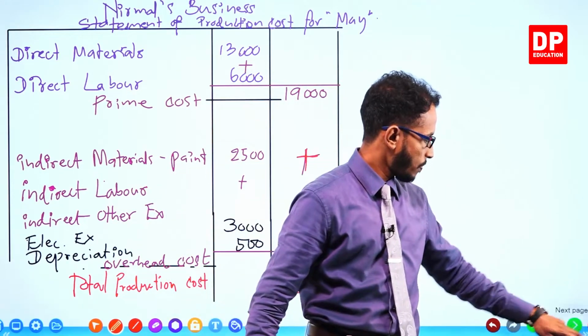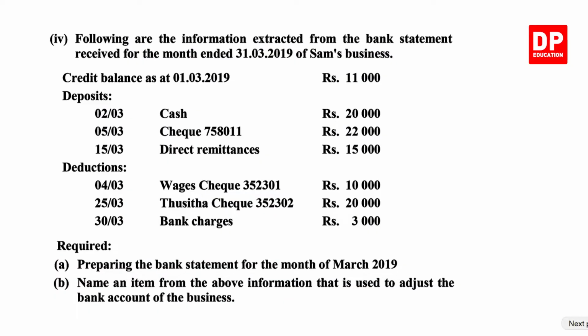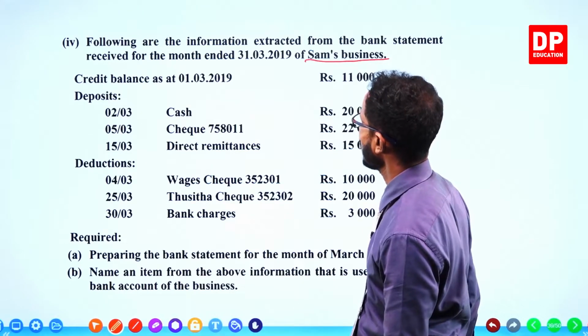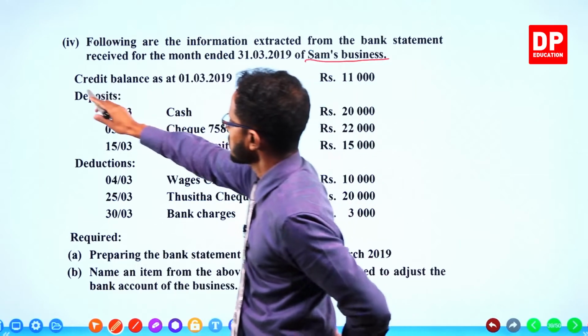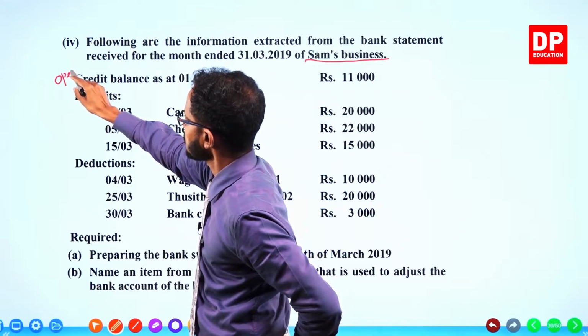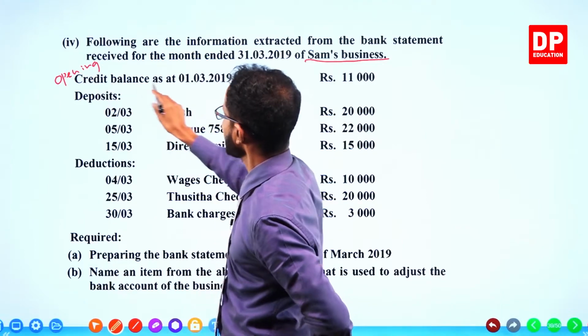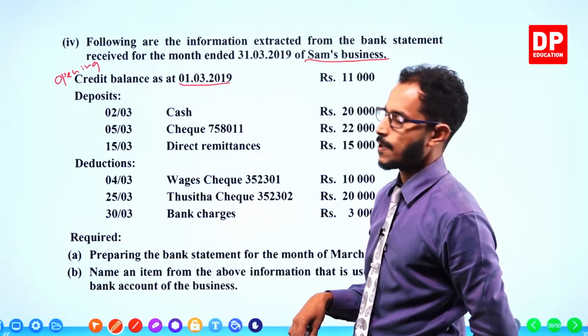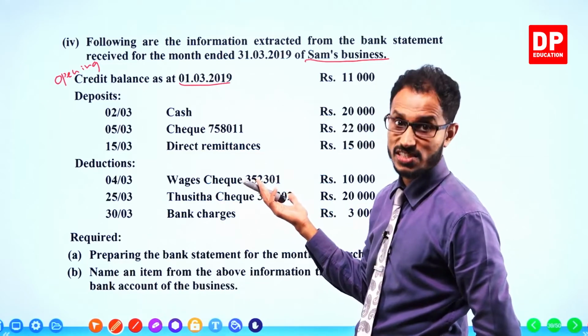We have only one part left. Following is the information extracted from the bank statement received for the month of Sam's business. Credit balance. This is the opening balance. See, first date of the month.